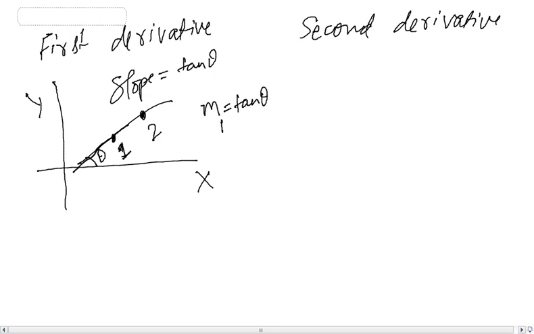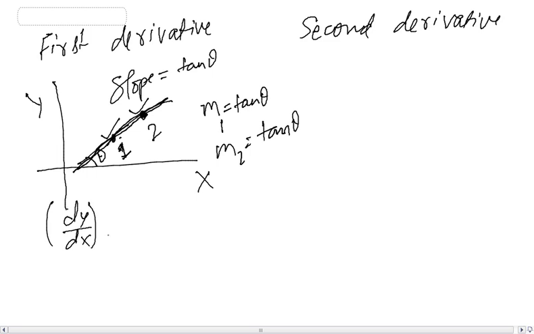If you make a tangent here, again this is a straight line, so this will be the same theta. So m2 will again be tan theta. That means the slope at this point and the slope at this point are the same.